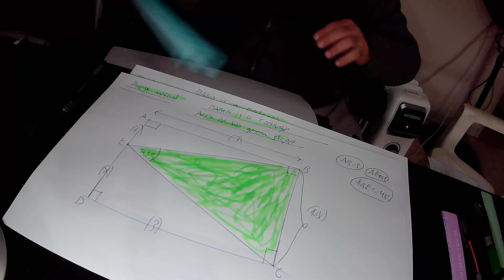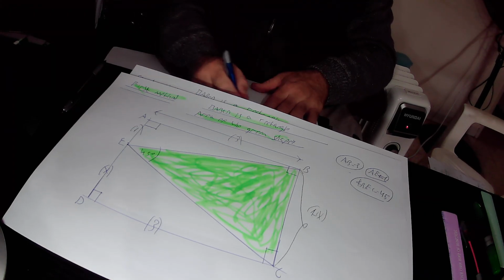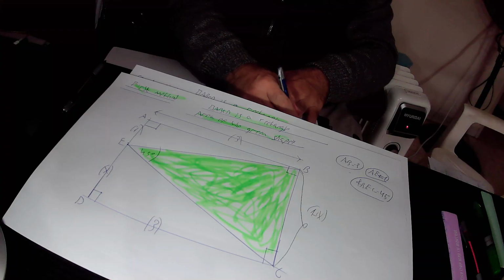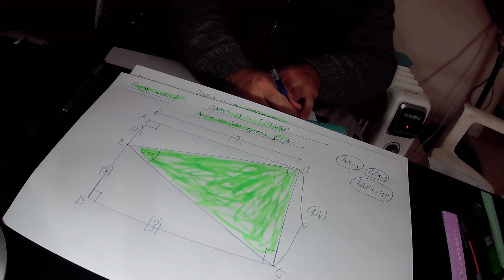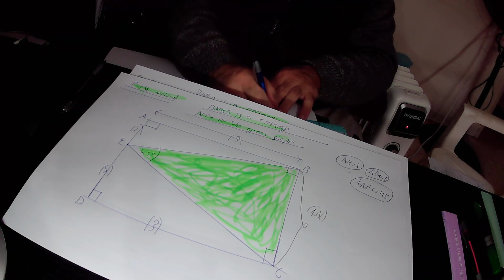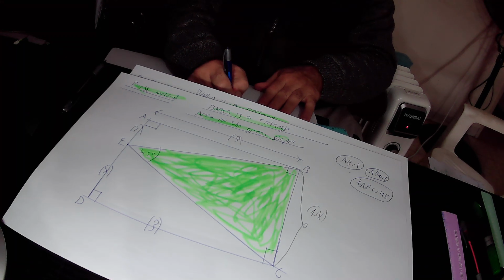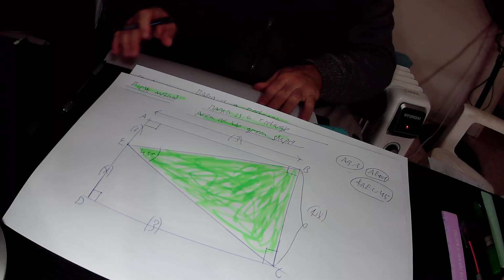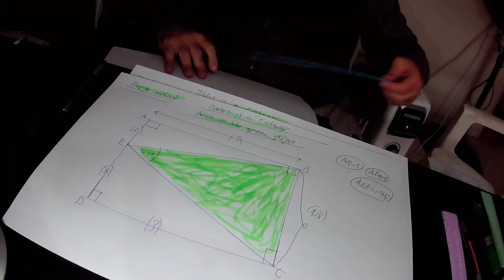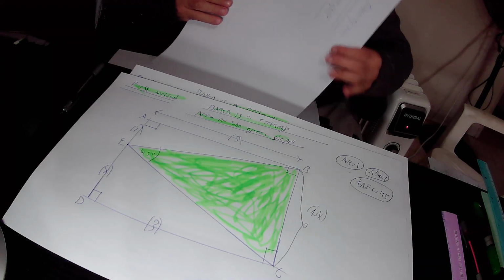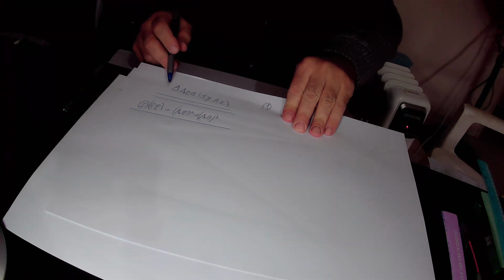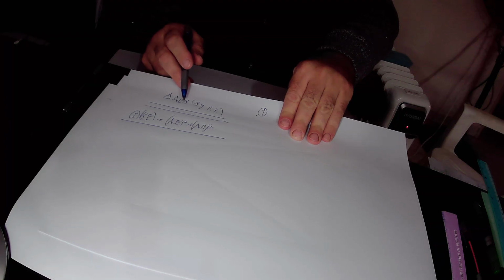So in this right triangle AEB, according to the Pythagoras theorem, BE squared, that is the square of the hypotenuse, equals AE squared plus AB squared.